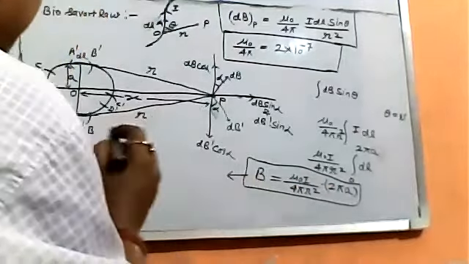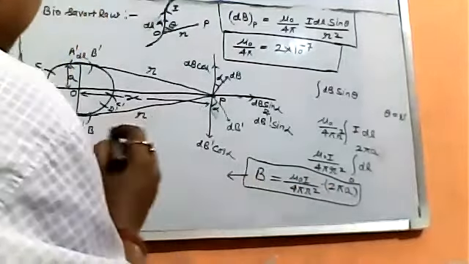Here dB sin alpha, and the value of dB is mu naught upon 4 pi I dl sin theta by r square, and theta is 90, but sin alpha will be present, and that sin alpha will go outside. What will be the value of sin alpha from this figure? So sin alpha equal to perpendicular by hypotenuse, so that is a by r. Okay, is it clear? Sin alpha equal to a by r.